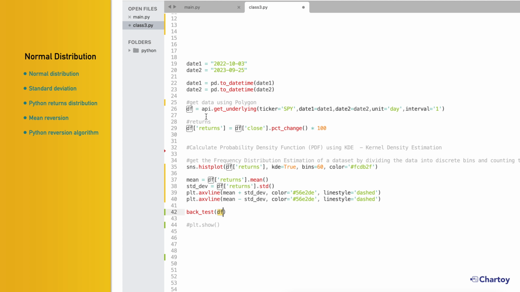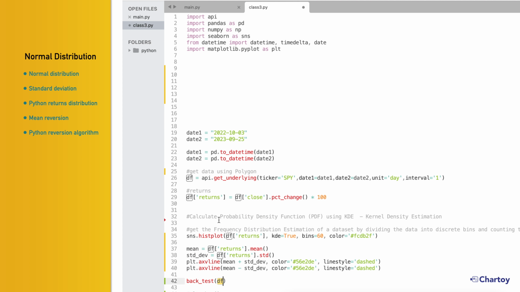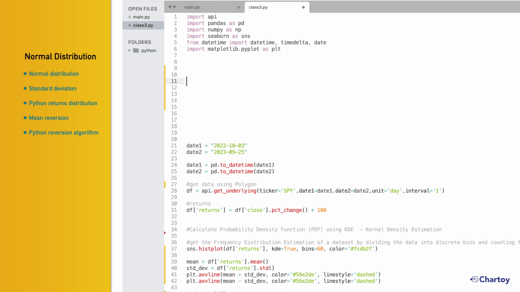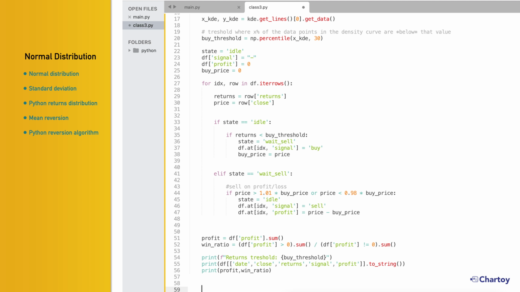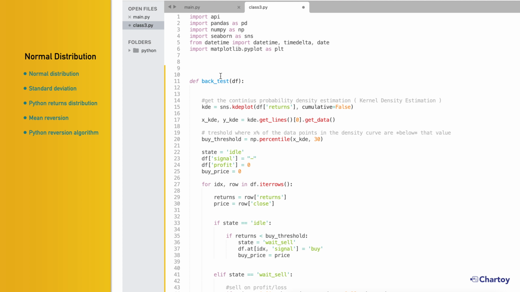The data frame, as we saw in the beginning of the class, is the historical data of this stock for the past year, and we also have the returns column there with the returns of that stock. So let's write this function and go over it and see how we can test our algorithm on historical data.